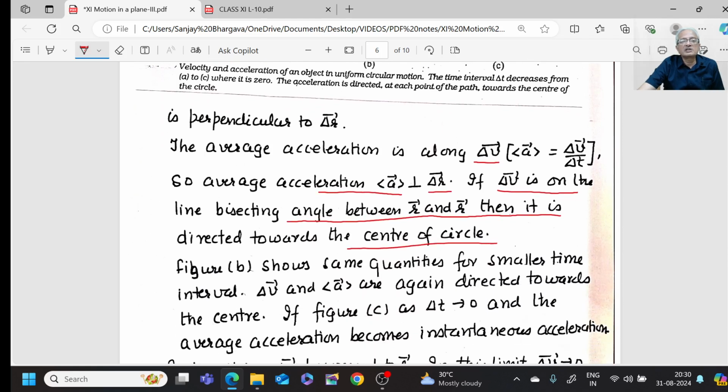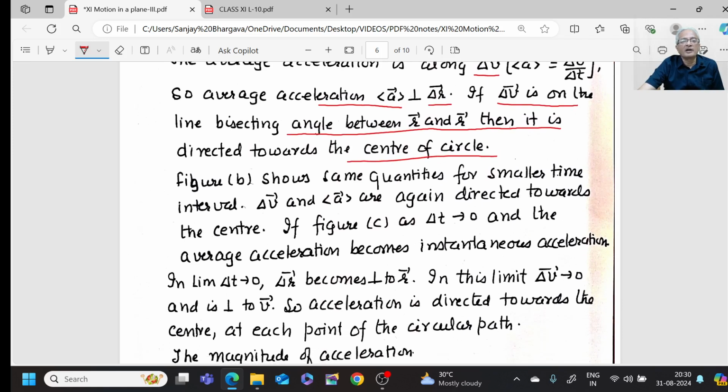Figure B shows the same quantities for a smaller time interval; delta v and acceleration are again directed towards the center. In figure C, as delta t tends to 0, the average acceleration becomes equal to the instantaneous acceleration. In the limit delta t tending to 0, delta r becomes perpendicular to r.